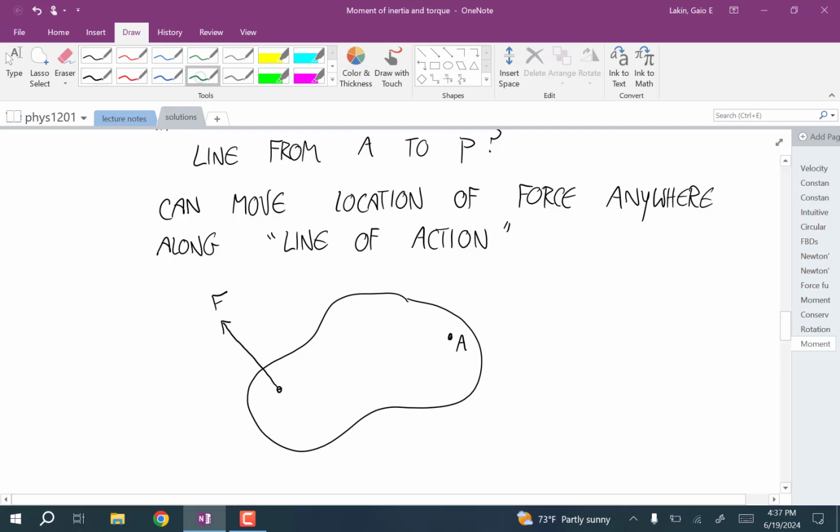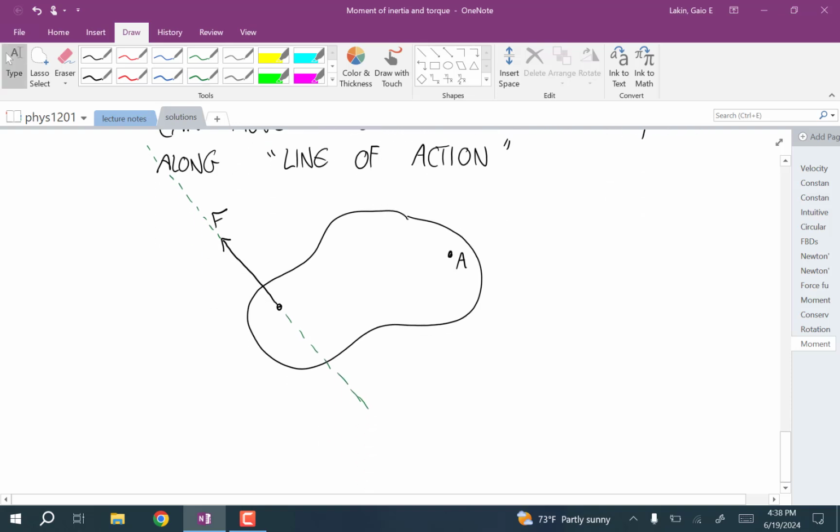The line of action is the line that contains that force, and it extends in both directions. You can even treat this force like it's acting off the body, as long as you keep it along this line. So this green line is called the line of action.